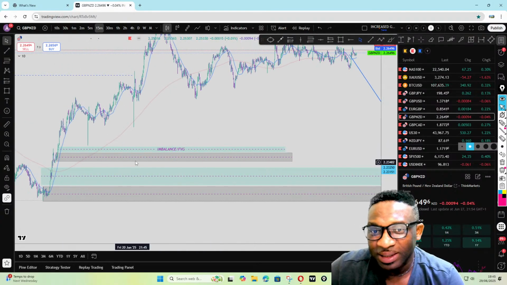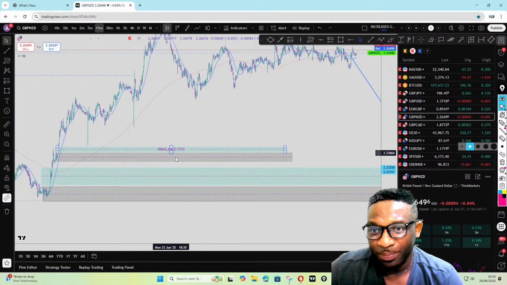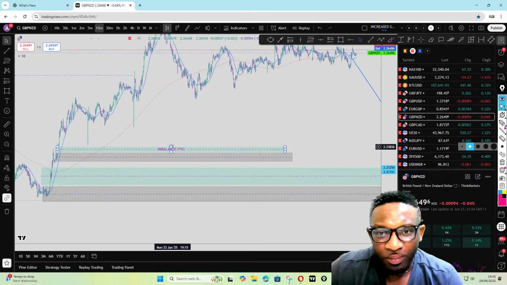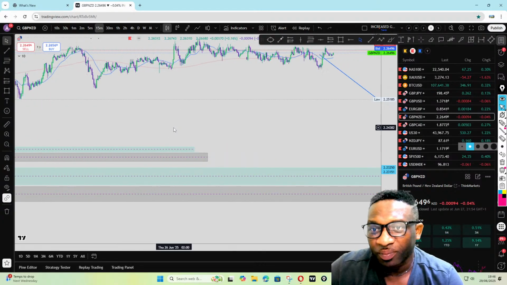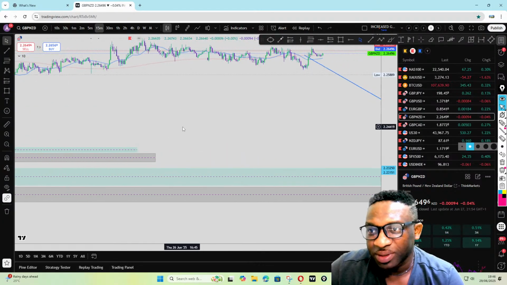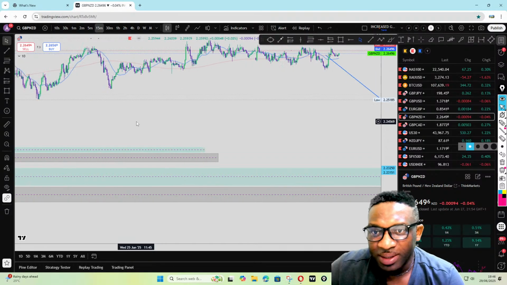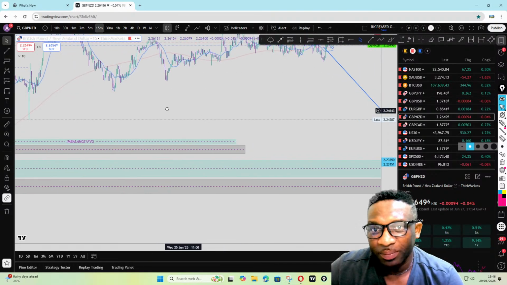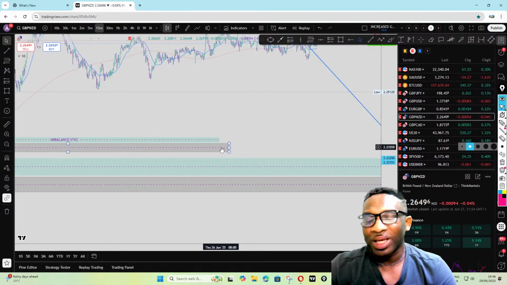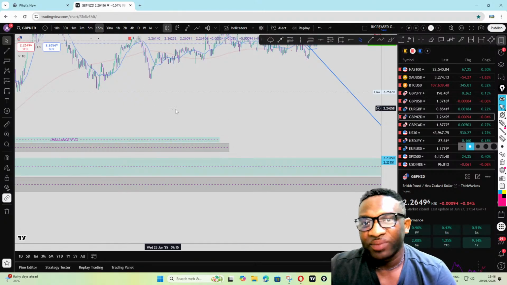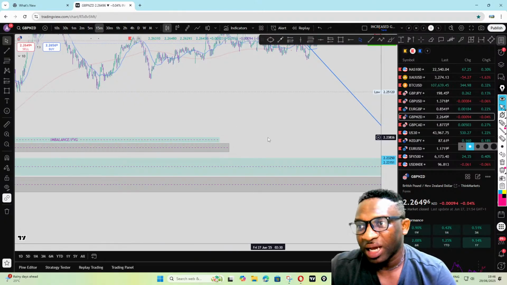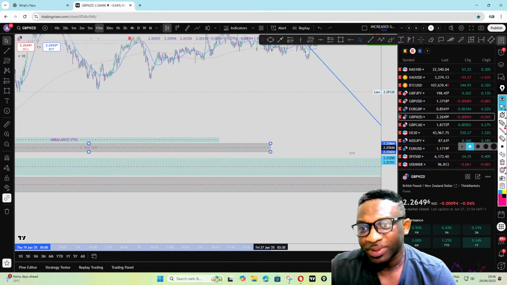So if price doesn't give us this scenario that we are building or planning, we are not interested. So this is what we are planning to carry out, because we can identify on the higher time frame that this pair is in the uptrend going to the upside.